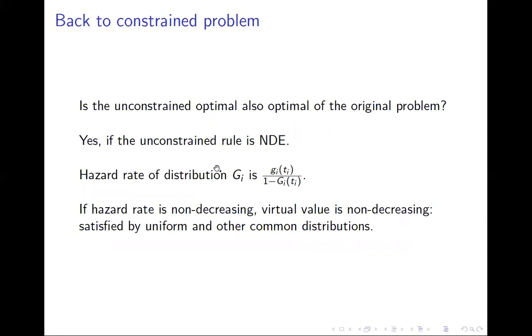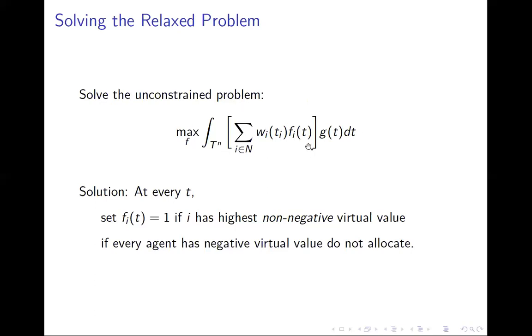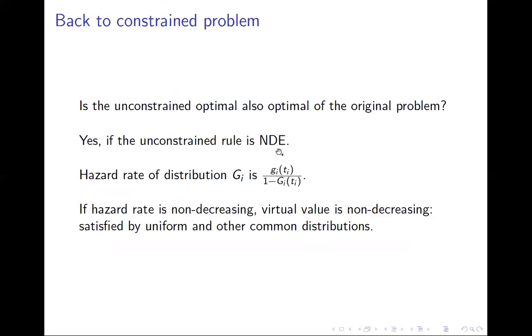Then the question is: is the unconstrained optimal also optimal for the original problem? Well, for that, we need to ensure that this unconstrained optimal rule is non-decreasing in expectation. What we are going to argue now is that this is true if the hazard rate is non-decreasing, that is, the virtual value function is non-decreasing.